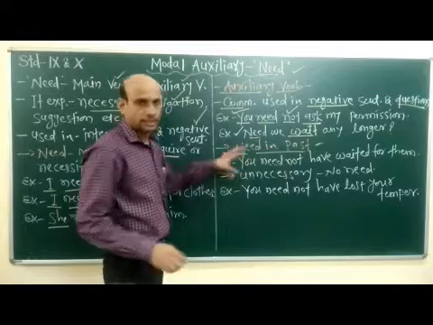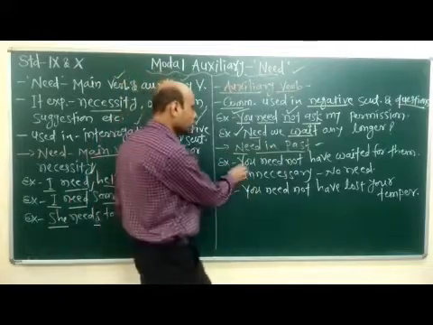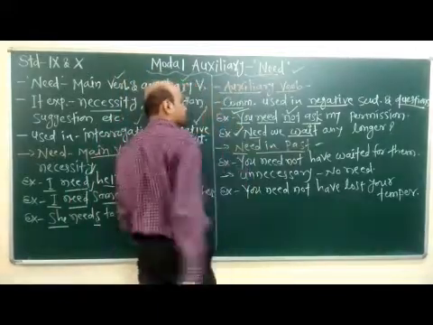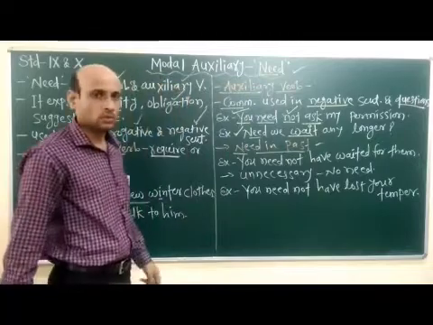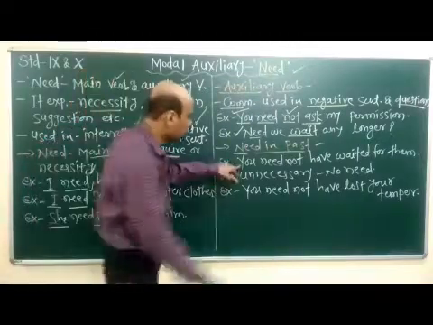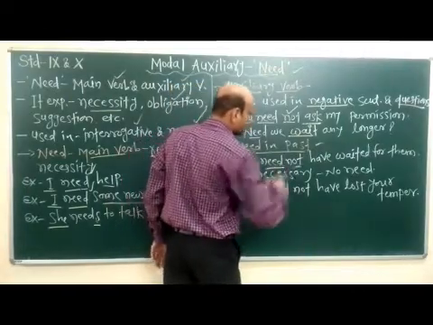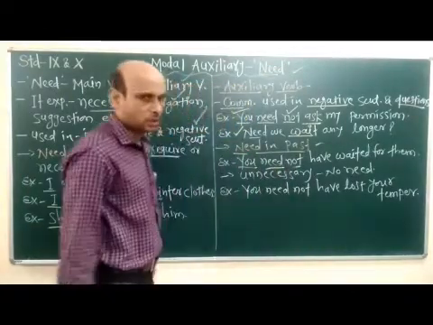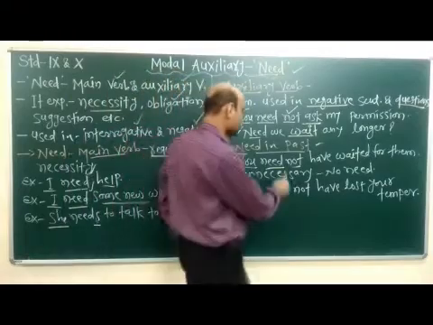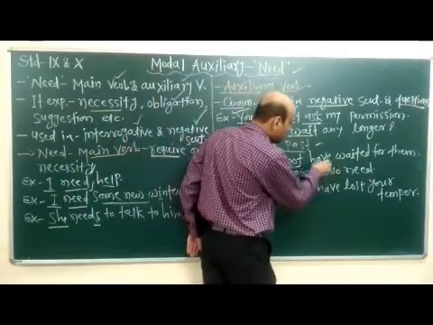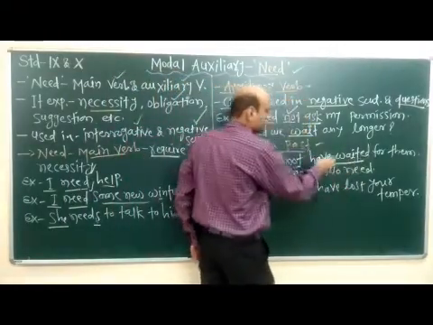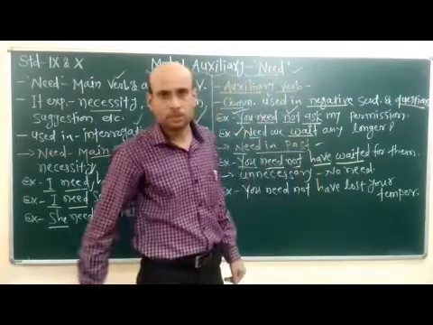So look at this example. You need not have waited for them. What is the sentence? You, first one, need not, once again negative is used, have waited. After need, we have have plus past participle, the third form of the main verb.